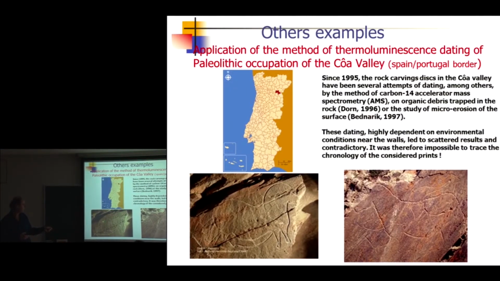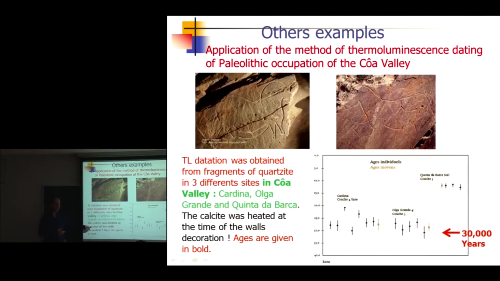So they tried thermoluminescence on the raw material, because besides this type of carving, there were some fragments of quartzite, and they looked at the fragments of the mineral which were close to the carving. So this is the dating of 3 sites in this part of Portugal and Spain.